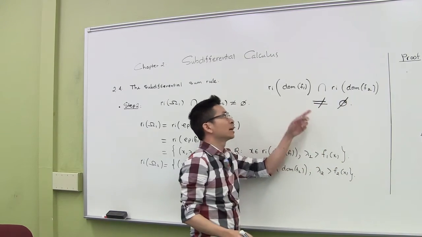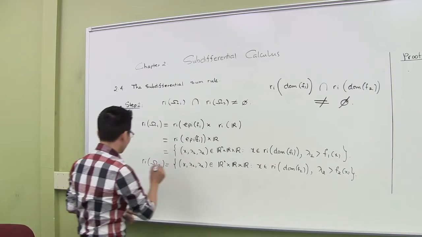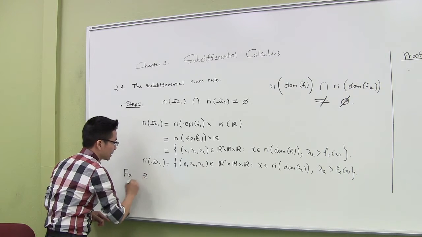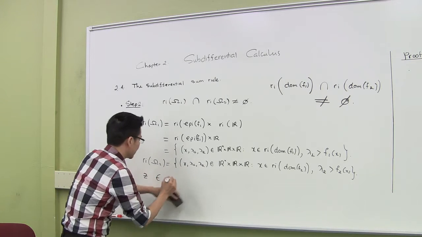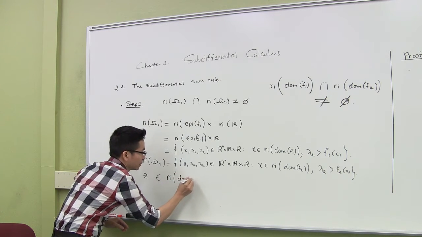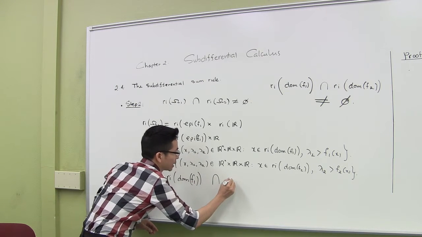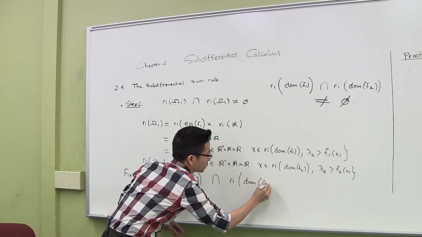So we can fix an element z in this intersection. Okay, so we fix z that is in this intersection, the relative interior of the domain of the first function and the relative interior of the domain of the second function.